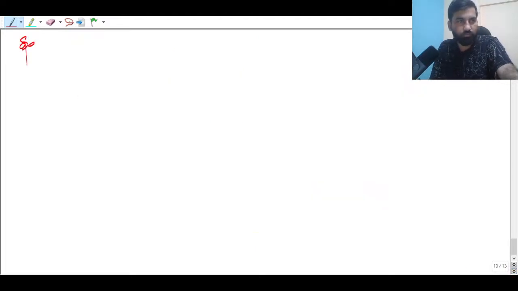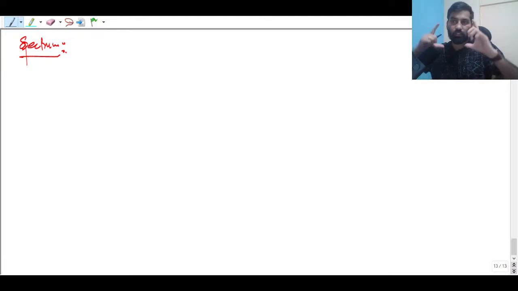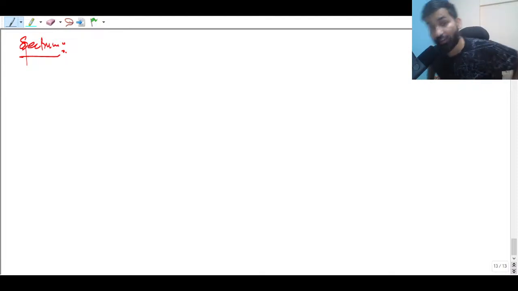ठीक है, and what we have to exactly find out from this square law demodulator is we have to find out the signal to noise ratio of the device. क्या signal to noise ratio of the device? Remember, signal to noise ratio of the device.